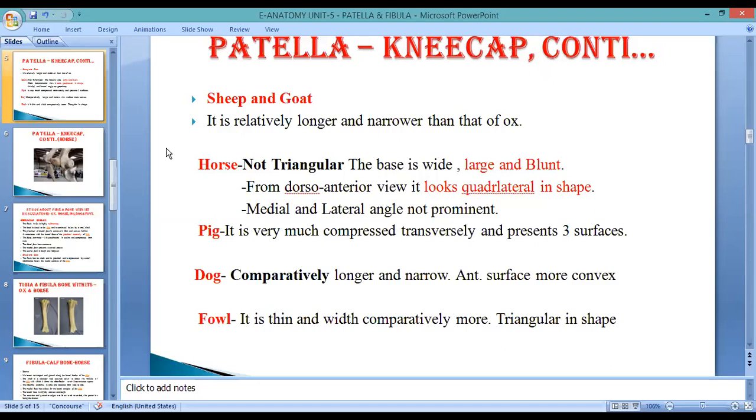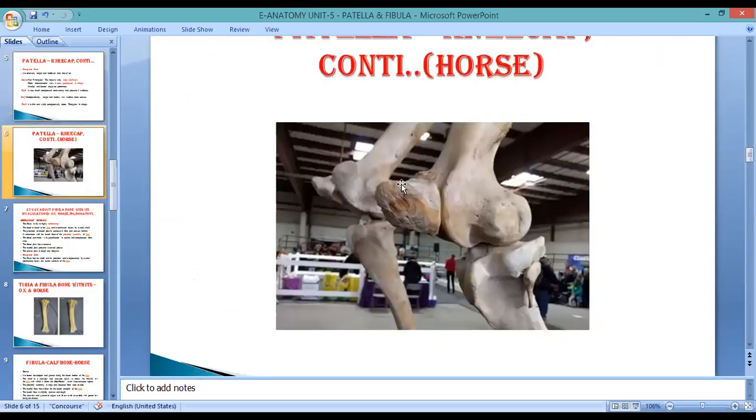And when we observe from the anterior dorsal aspect during the standing position, it is quadrilateral in shape. And when we compare with the patella of the ox, its lateral and medial angles or borders, which are clearly demarcated in the ox, are not prominent here. So I think this is clear about the patella of the horse.